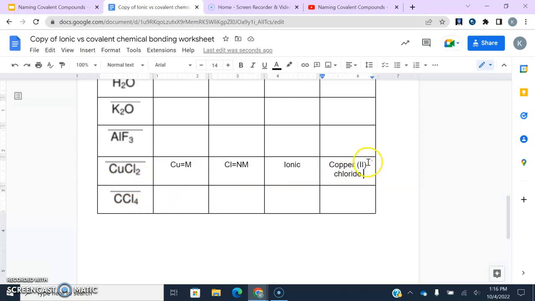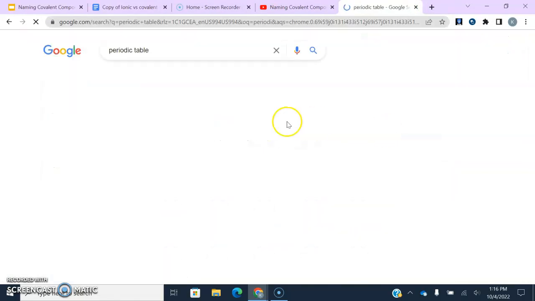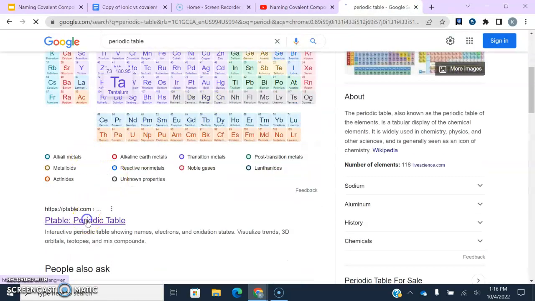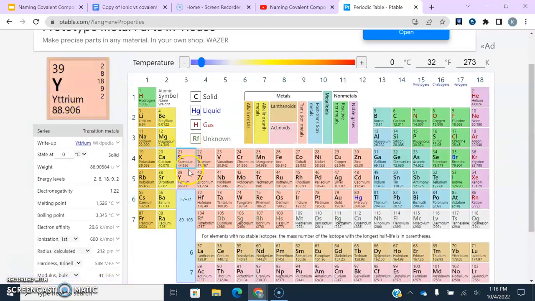You only have to do the Roman numerals for the ionic compounds if it's a transition metal. And remember, let me pull up the periodic table really quick. And remember, your transition metals are the metals in this block right here. So from 3 to 12. So if it falls in this range, that's a transition metal.